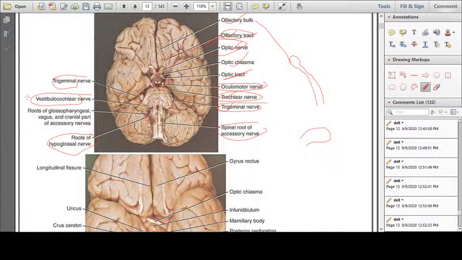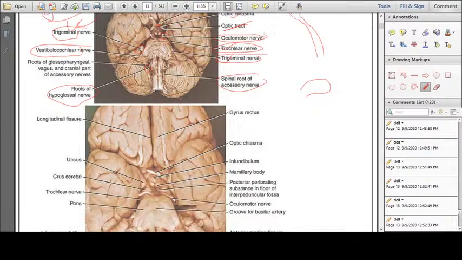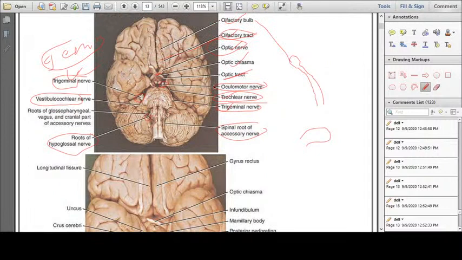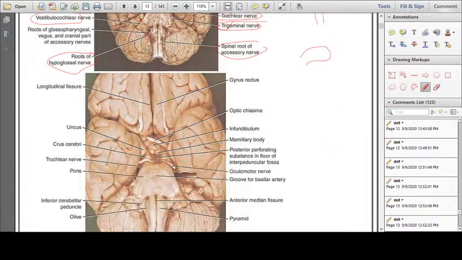However, the trigeminal nerve, we cannot break it down. Obviously, because we see various cranial nerves out here, let's move on to the next figure.